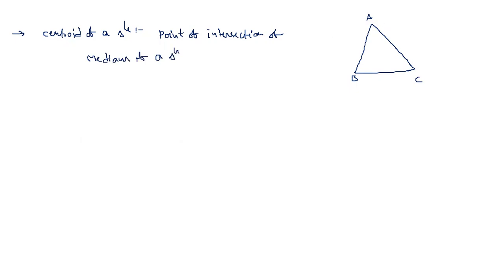Will you agree? AD is one median, BE is one, CF is another median. The point of intersection of medians is called centroid. G is the centroid.